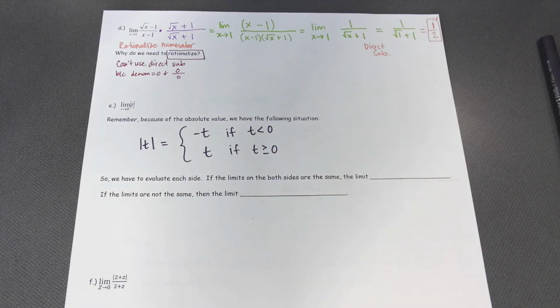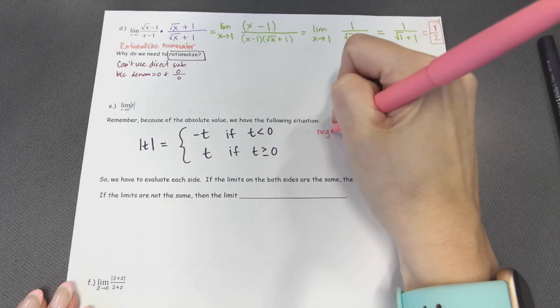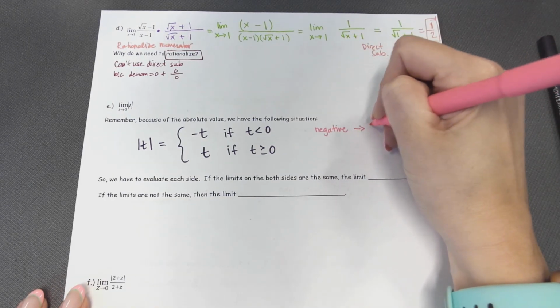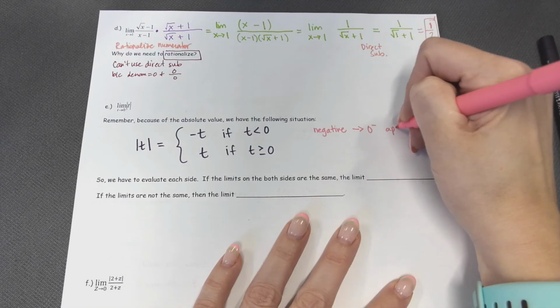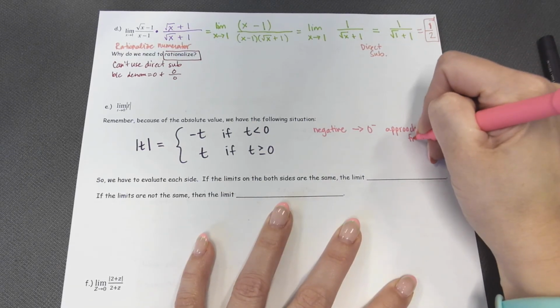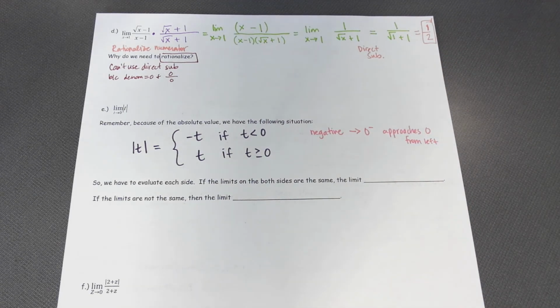So yesterday when we were looking at the limits and we were talking about the two-sided limits versus the one-sided limit, okay, if it was negative, it approaches 0 from the left. Okay, because if you're getting closer and closer to 0 from the left side, it's going to be those negative values.